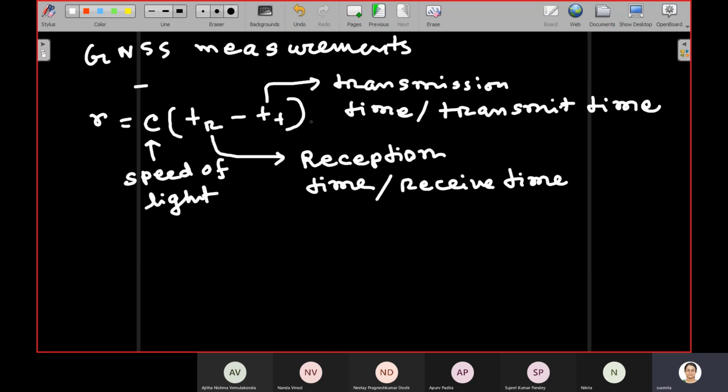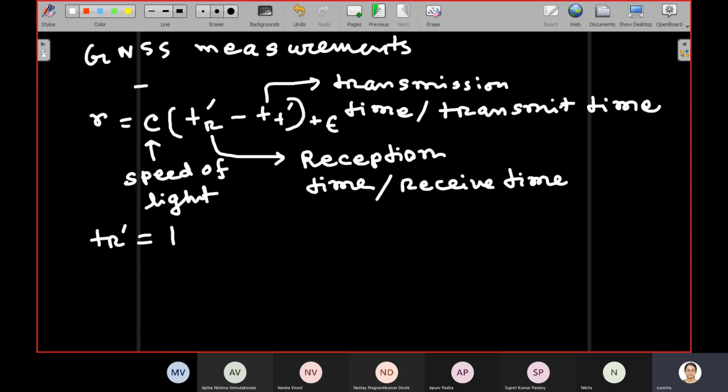And whenever we are making measurements, some error gets added, so we have this epsilon, right? Now let's denote these two times in this equation as Tr prime and Tt prime. It will be clear to you why I put this prime. Now Tr prime is basically reported by the user clock, and we know that the user has an inexpensive clock, so the time that it reports is not the correct time.